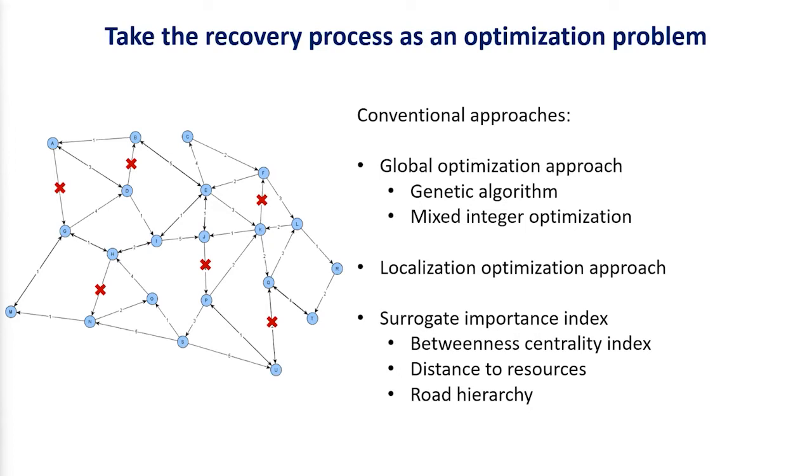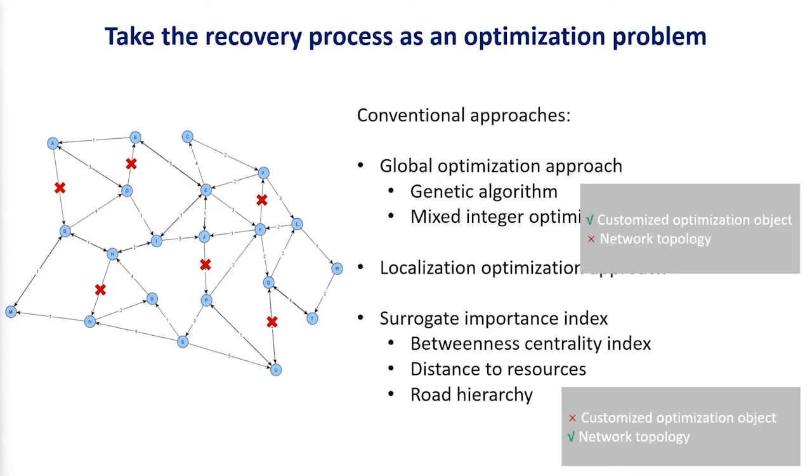We can also repair the road segments based on their distance to some emergency resources. We can repair the roads that are close to the emergency response team first, and then repair the others. The last surrogate index is the road hierarchy. However, we do have some limitations of these methods.